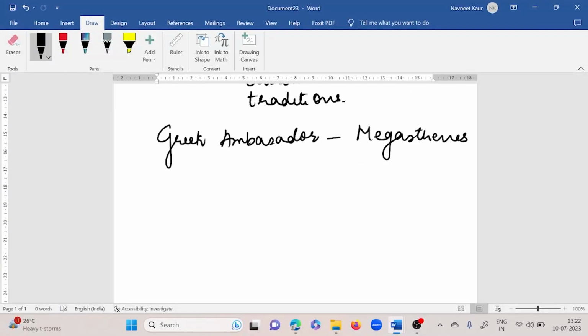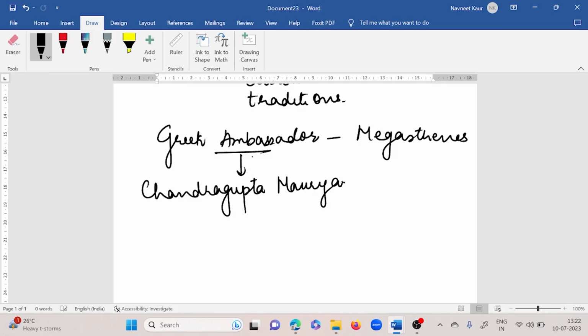Right? There was a Greek ambassador, Megasthenes. He was an ambassador to the court of Chandragupta Maurya, and he wrote Indica, right?